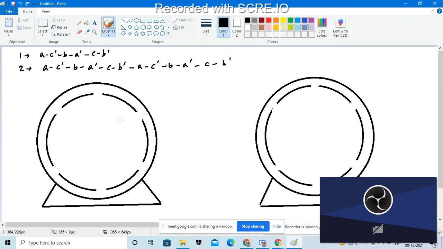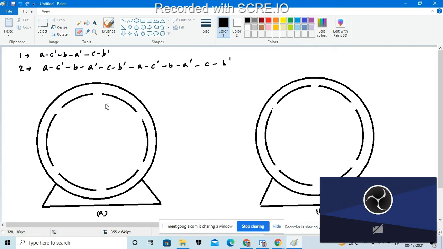We are considering this one as my figure A and this is my figure B. So now we have to draw more angles. 1, 2, 3, 4, 5, 6, 7, 8, 9, 10, 11, 12.